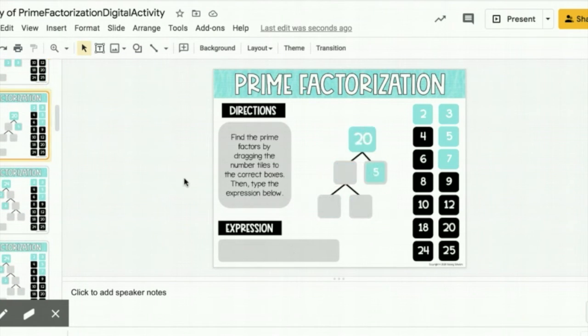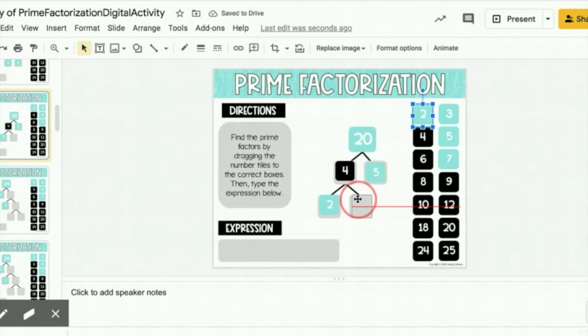Let's look at 20. So I'm starting off with 20. 20 is not prime, so I've got to figure out how to multiply to get to 20. Well, they're saying something times 5 is 20. I know that 4 times 5 is 20, right? Well, 5 is a prime number. 4 is not prime. 4 is composite. So what times what is 4? 2 times 2 is 4, right?